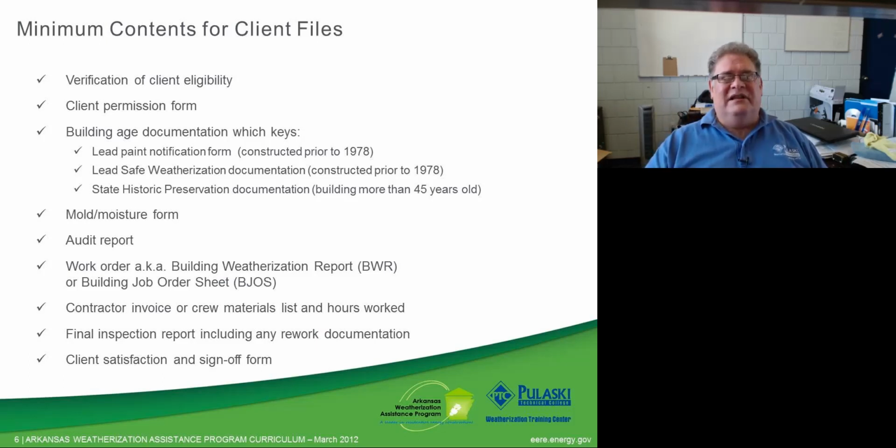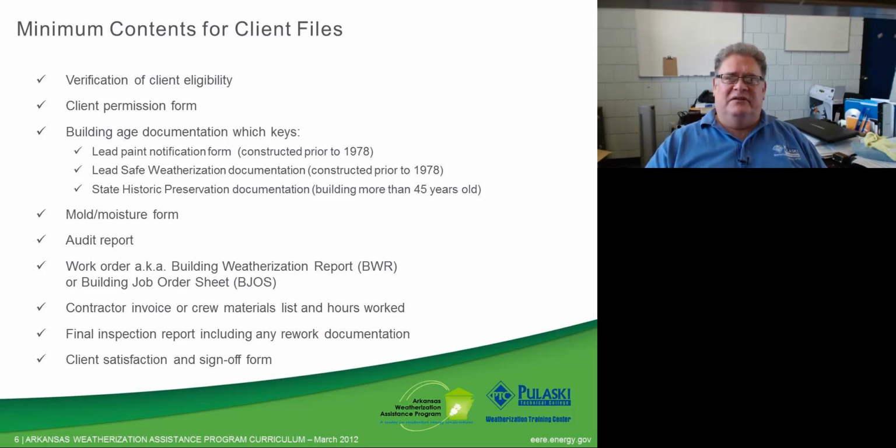If we have building age documentation, which we should try and figure out how old the building is, then anytime we find that, that may key that we need to look for lead paint notification forms, lead safe weatherization documentation. Did we take photographs of our lead safe work? Do we have the forms that we're supposed to have?